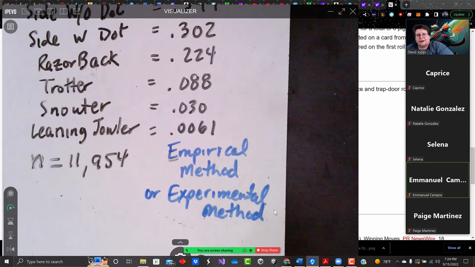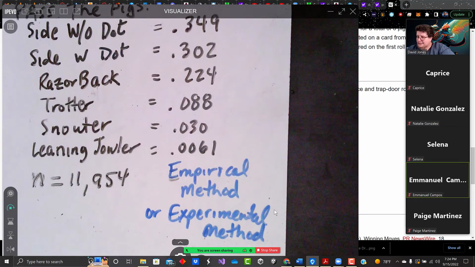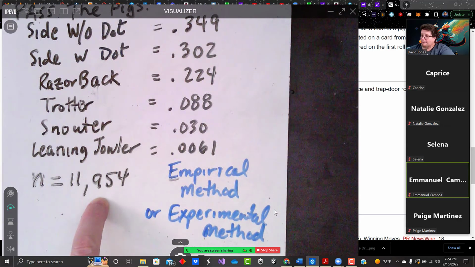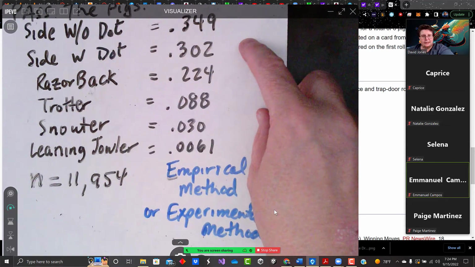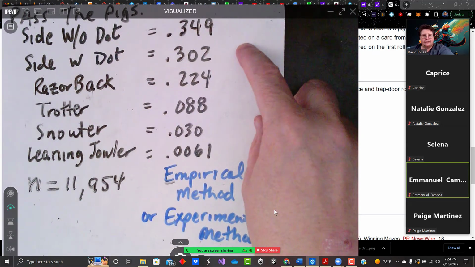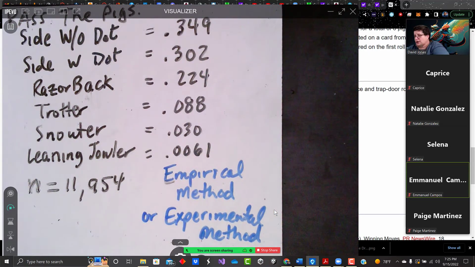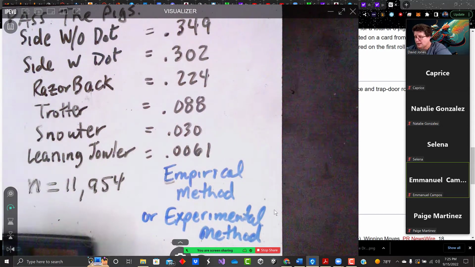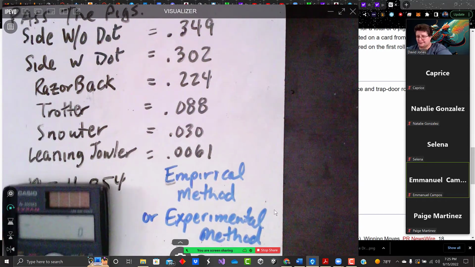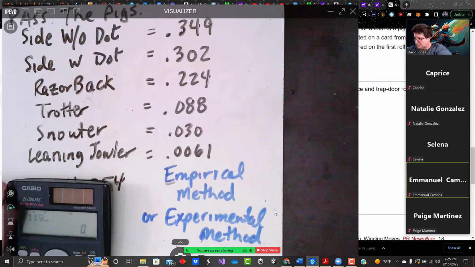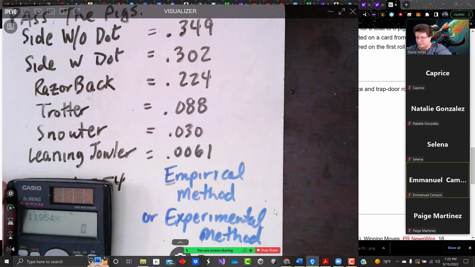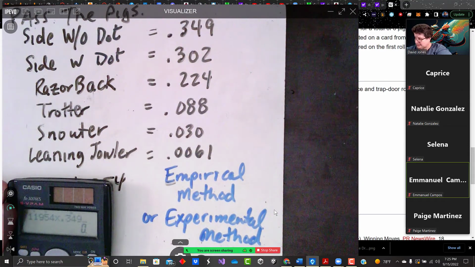Now, one way to find out if they did this enough times is the following. I can take this 11,954 and multiply it by the frequencies and figure out how often they rolled these things. So, for example, I am going to do 11,954 times 0.349.